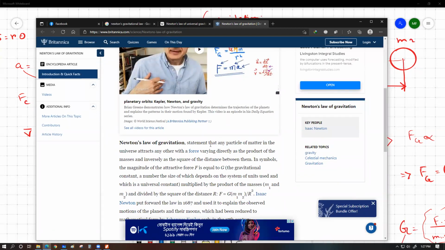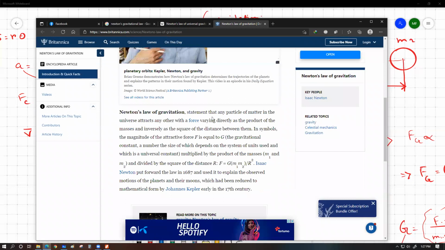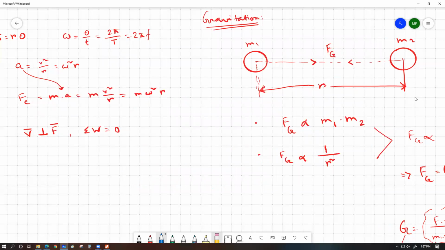Newton's law of gravitation states that any particle of matter in the universe attracts any other with a force varying directly as the product of the masses and inversely as the square of the distance between them. Because he used the idea of particle, the word particle in physics is a bit of an abstract idea.